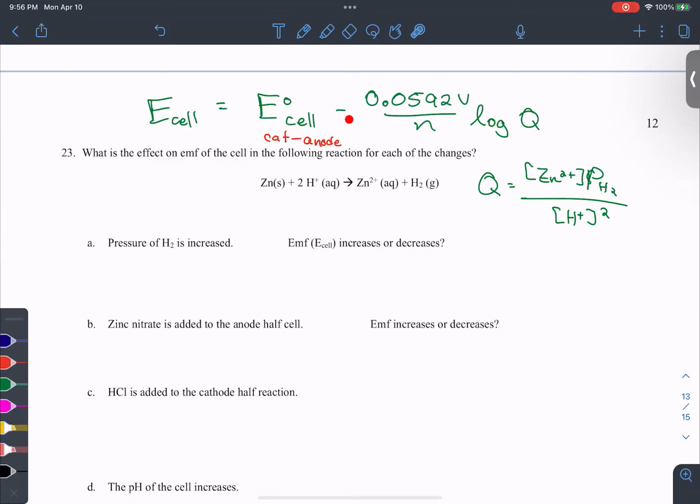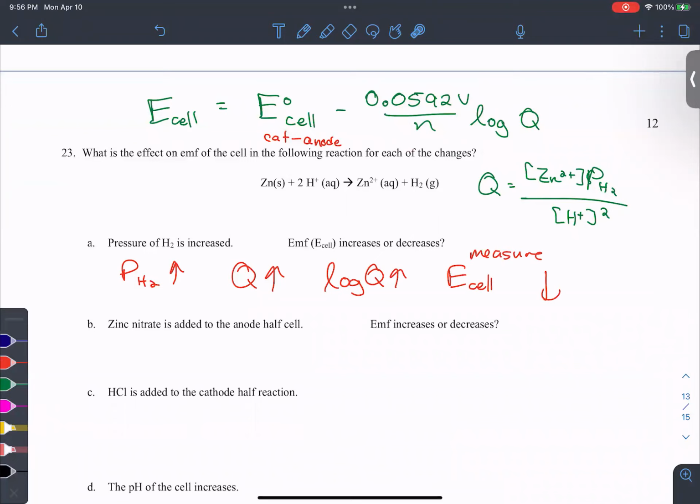So E cell naught minus a big number, our measured cell potential is actually going down. So the strategy is: pressure of hydrogen goes up, Q goes up, log Q goes up, so E cell, without the naught, what we actually measure, goes down, because the stuff you're subtracting is a large number.